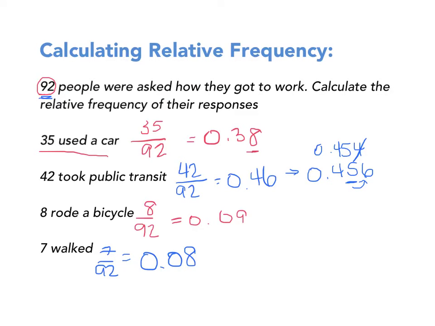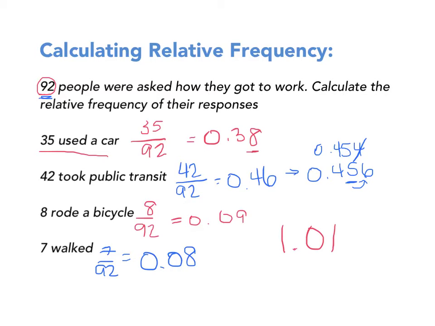Now the cool thing about relative frequency, once you've found all of them, they all should add up to a total of 1. So let's check that out. When I add 0.38 plus 0.46 plus 0.09 plus 0.08, it comes out to 1.01, which is very close to being 1.